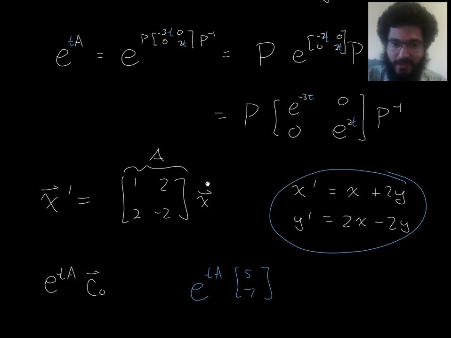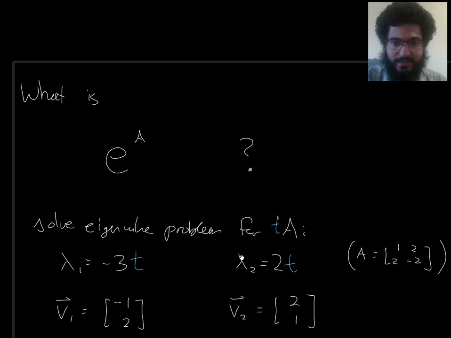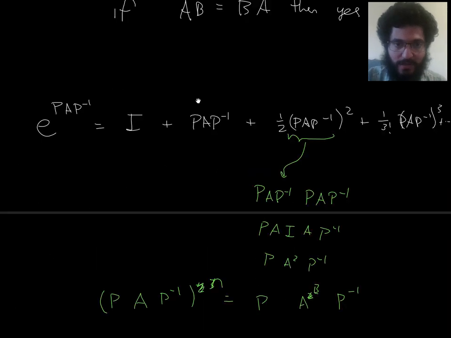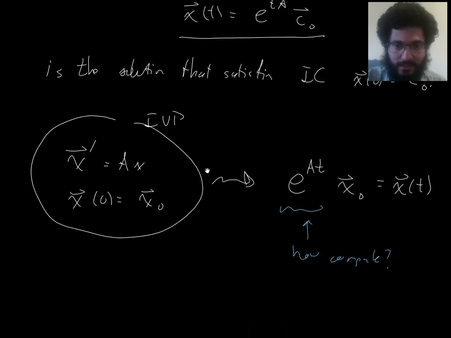And so solving the eigenvalue problem for the matrix was the way to decouple it. Now with our new fancy exponential way of writing things, where we just say, okay, given this initial value problem, here's the solution. If we actually want to compute this, again, we have to solve the eigenvalue problem for the matrix to actually compute this.